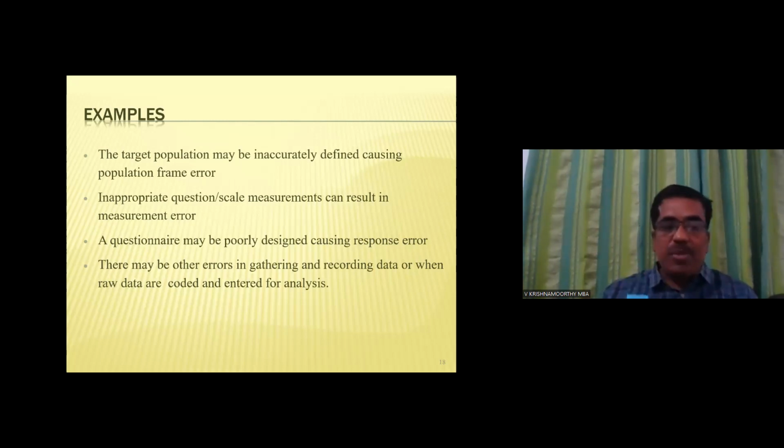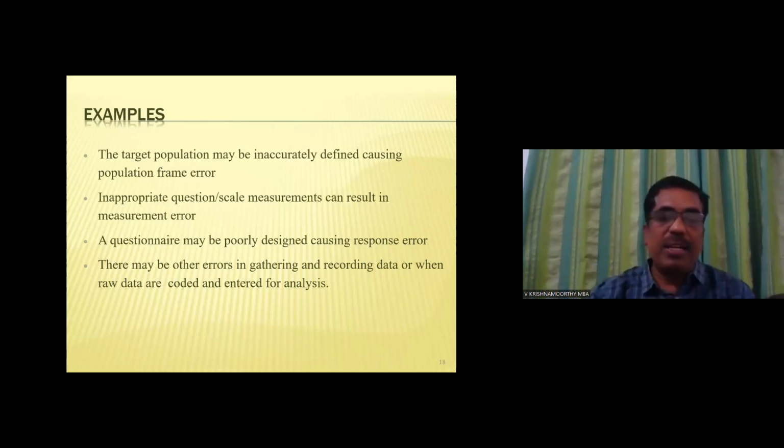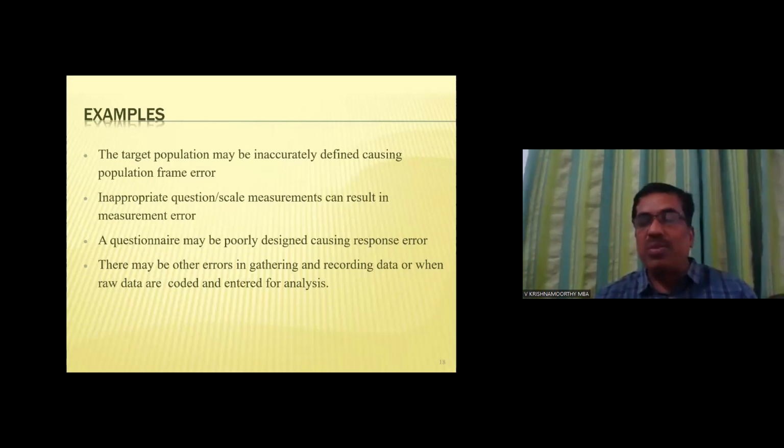So you may get response error. Sometimes you can also get some other error with regard to data collection. So these are the examples of non-sampling error. Whenever we do research, we can say that your sampling is good when it has low sampling as well as non-sampling error.